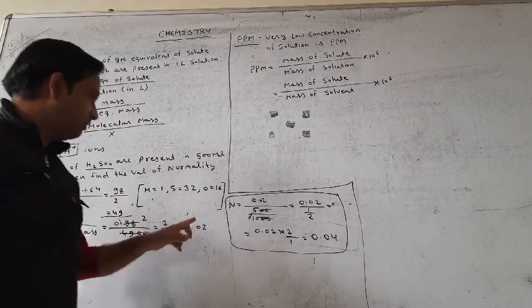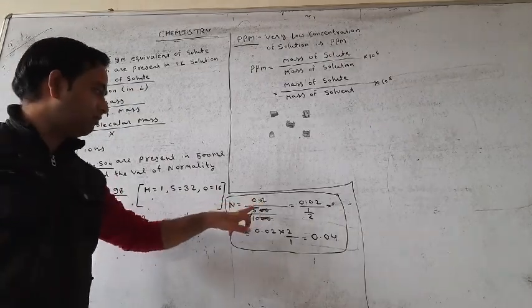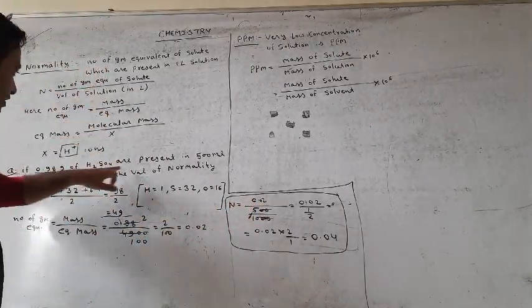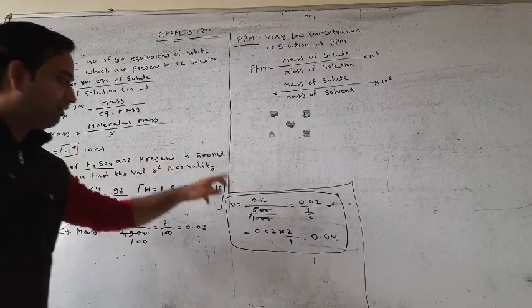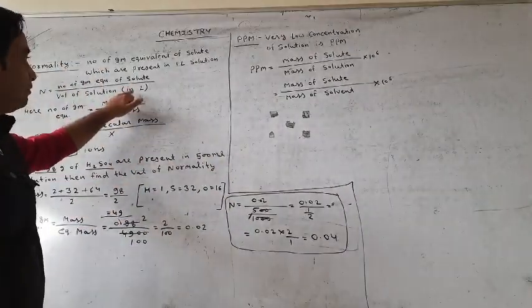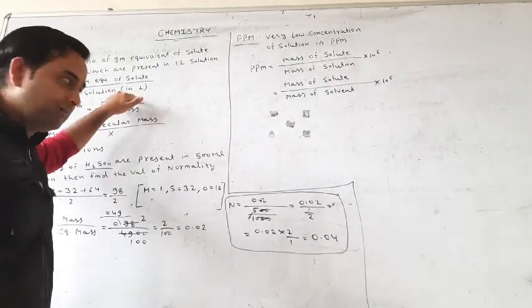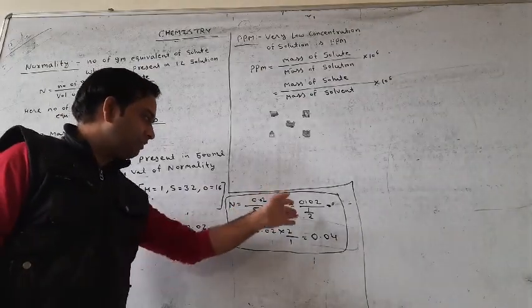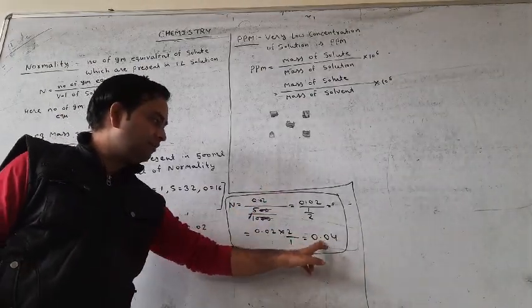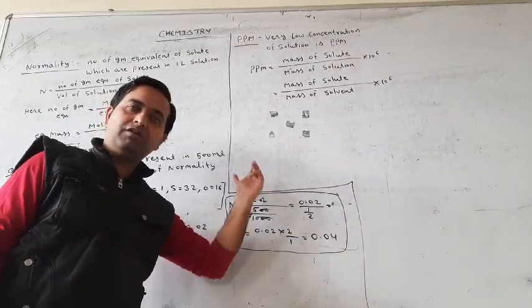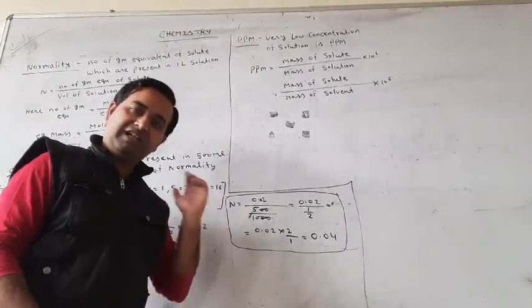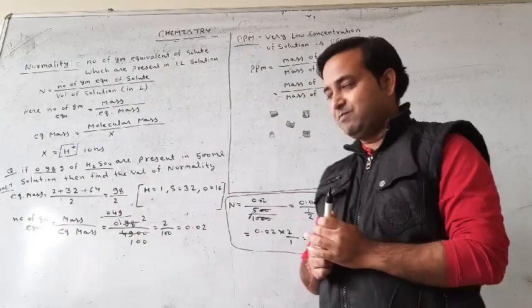We get 0.02 over 500 ml. If we convert it into liters, because the value is given in liters, then after cutting, we get the value of normality as 0.04. That is the normality.